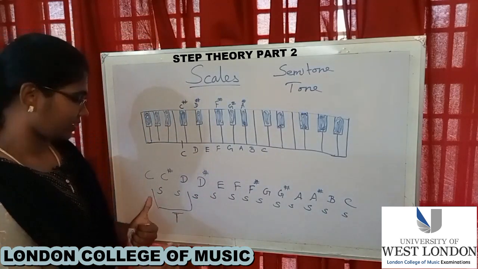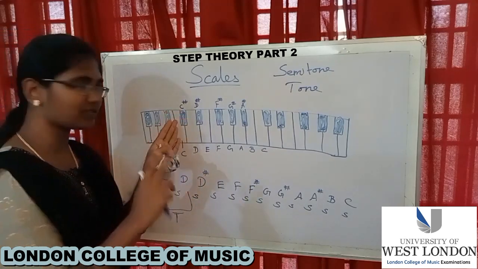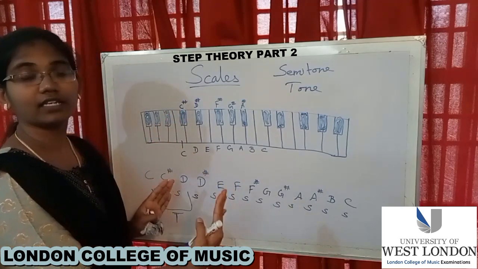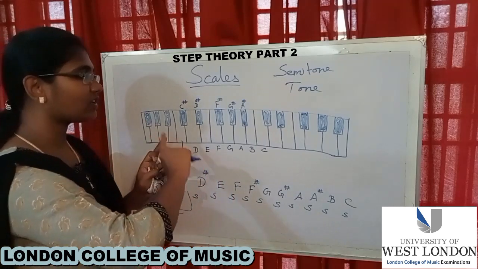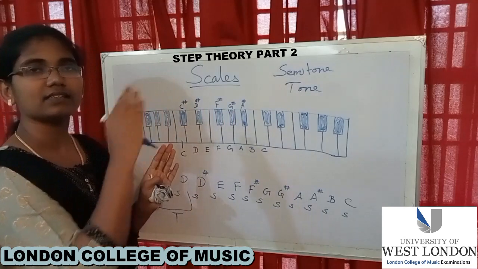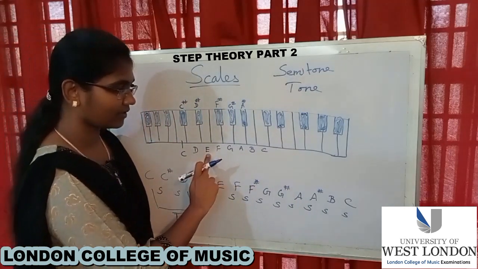Okay. If a note is placed in between two notes, that means the two notes are in tone gap. Okay. If the note is immediately next to the first note, that means the gap is semitone. Have you all clear? What is the semitone of E?